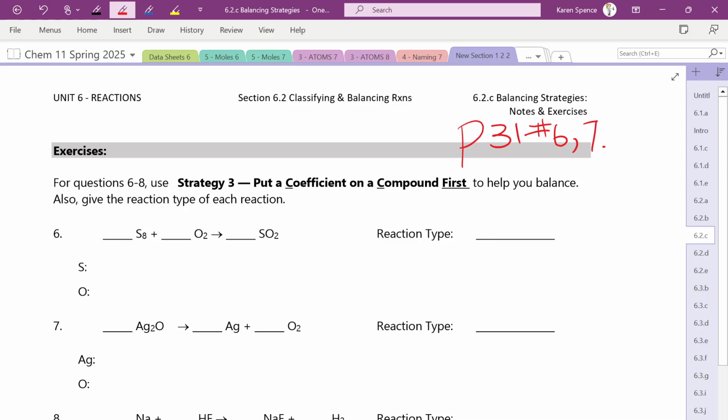So for this one, what I would do is I'm going to start with my... See how that works. Now, here. Now, hydrogen.